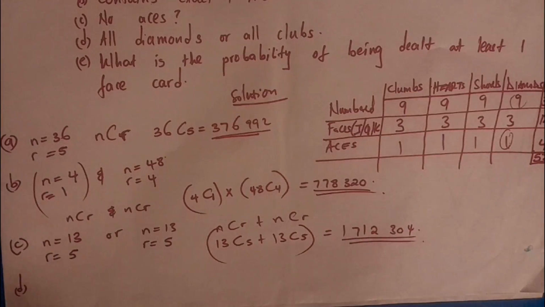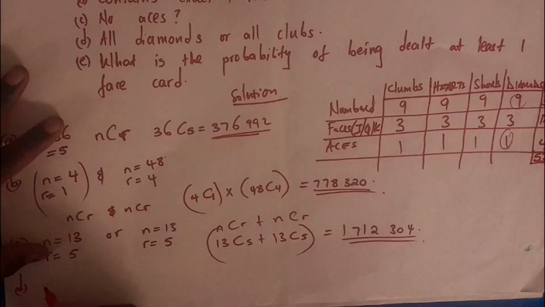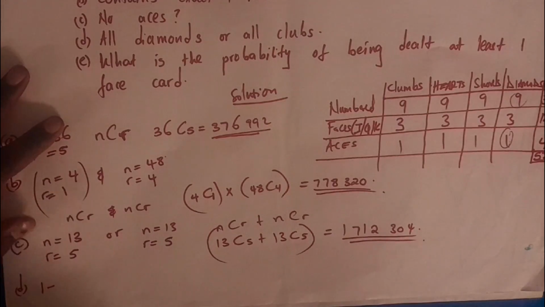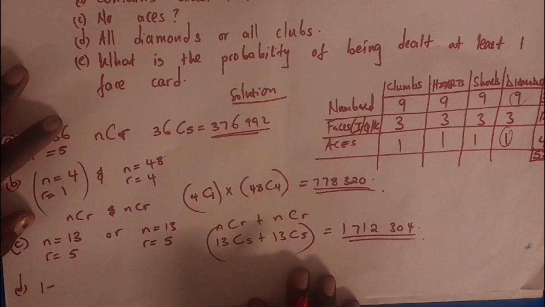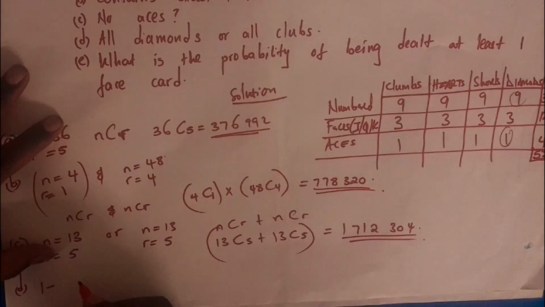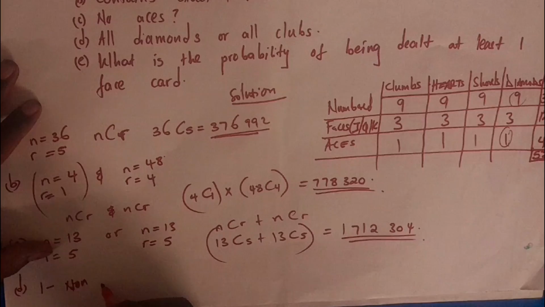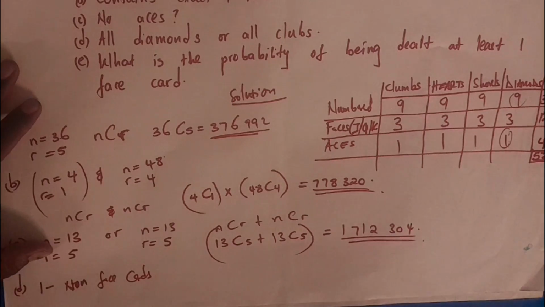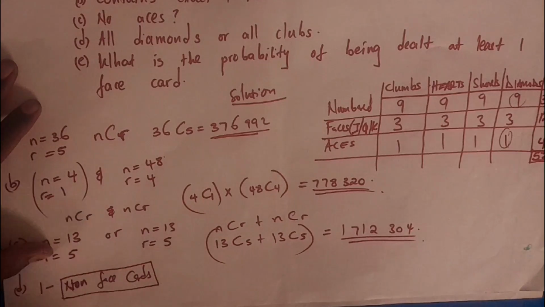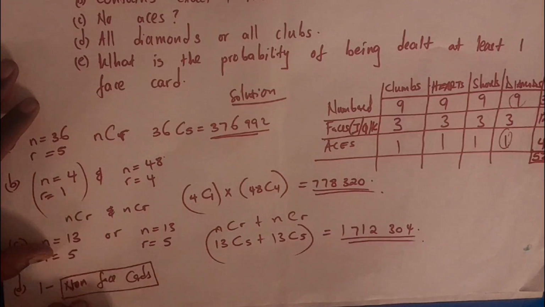So when the question says at least 1 first card, in probability we say 1 minus the non first card. This is what we call the complement rule. So we are going to find the probability of choosing the non first cards.